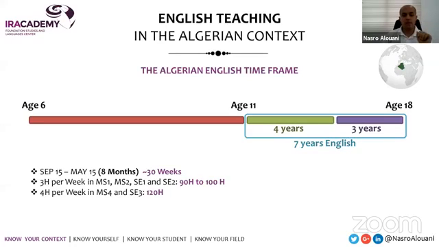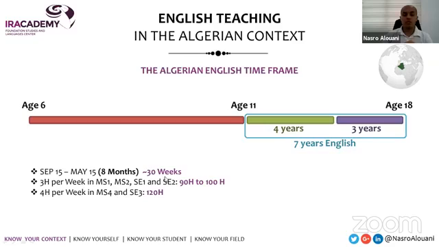And if we talk about the amount of hours students study, I think it's 8 months. People start studying from September 15th to May 15th. This is the educational year, so 8 months, approximately 30 weeks of studying.